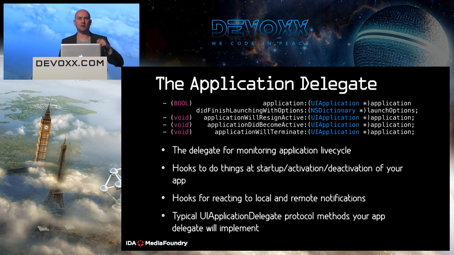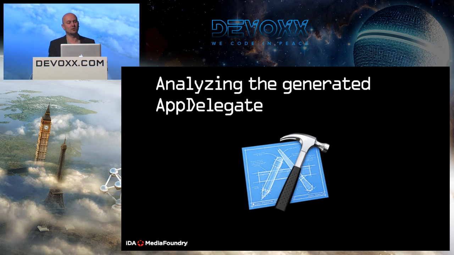So it sends a message to your delegate stating applicationWillResignActive. If it becomes active again, it will call applicationDidBecomeActive. So again, here you see the strongly named methods doing the job. It is practically self-explaining what it does. So these are your hooks to react to application events.